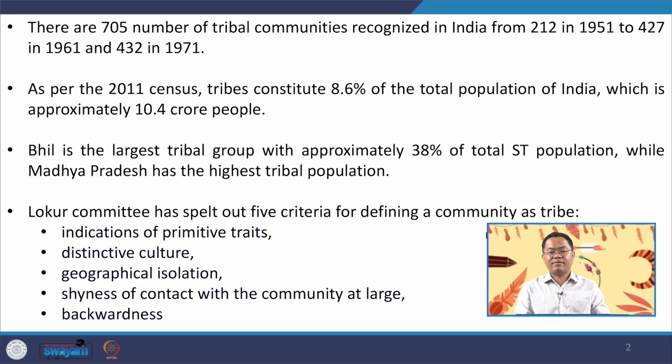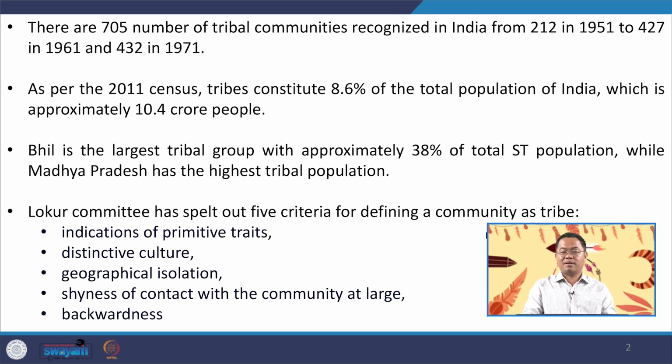We have a significant tribal population in states like Kerala, Maharashtra, Gujarat, Rajasthan, Himachal Pradesh and Uttarakhand as well. And we also have a significant tribal population not only in northeast India, but there tribal communities are the dominant communities in terms of their population.